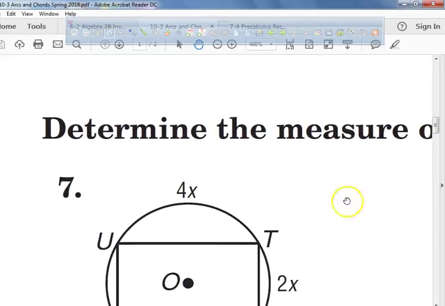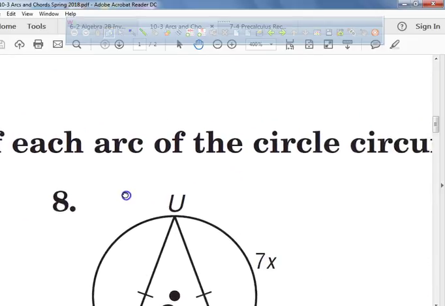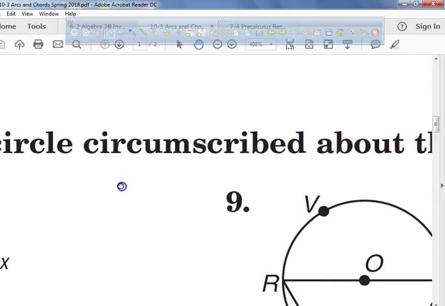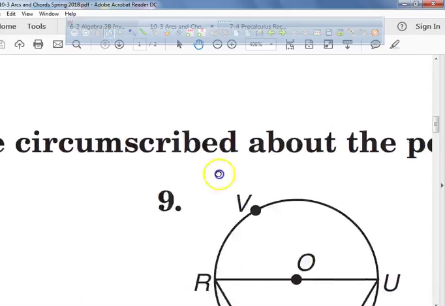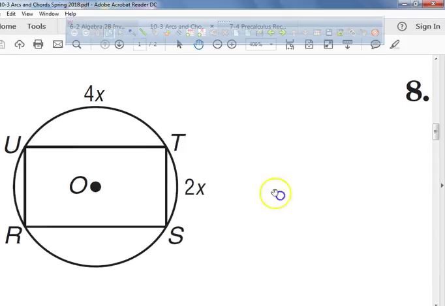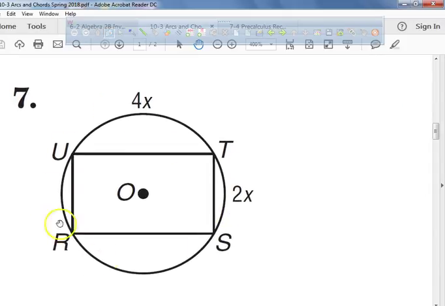Problem number 7 says, determine the measure of each arc of the circle circumscribed about the polygon. Circumscribed means it's going about the polygon, circles that are going around a polygon. The rectangle is inscribed. The circle is circumscribed.